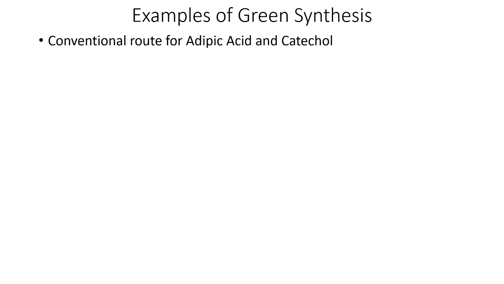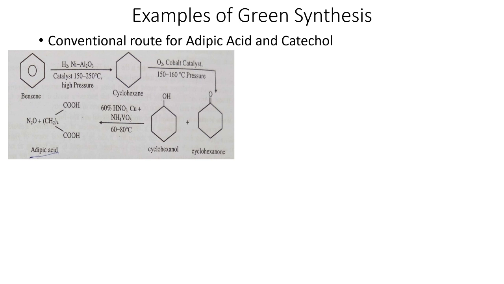One of the very best examples is synthesis of adipic acid and catechol. Adipic acid, all of you know, is necessary for polymerization, nylon 6 or nylon 66. But how to get the adipic acid? According to the conventional route, adipic acid is prepared from benzene.